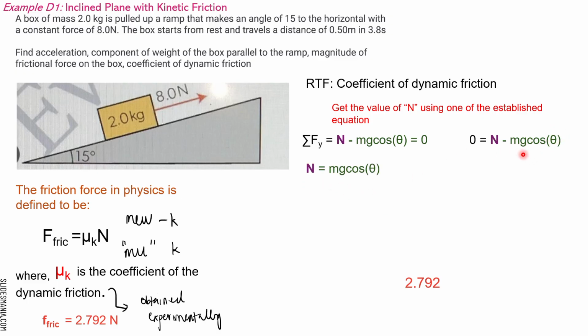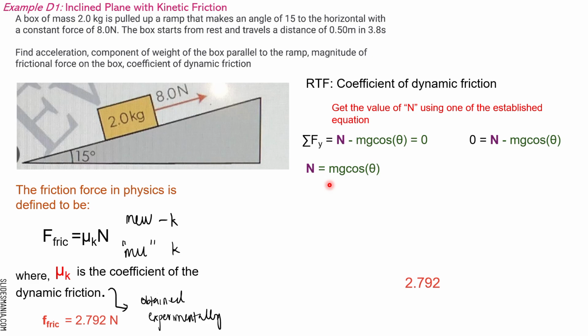If we transpose mg cosine theta to this side, or add mg cosine theta to both sides, we have this: N equals mg cosine theta, which is what I said previously, that in most problems the normal force is equal to the weight.